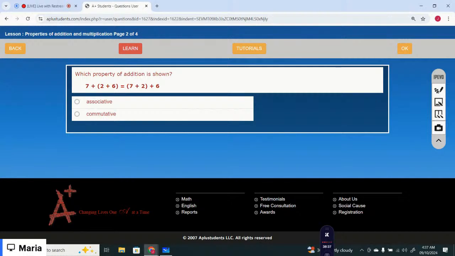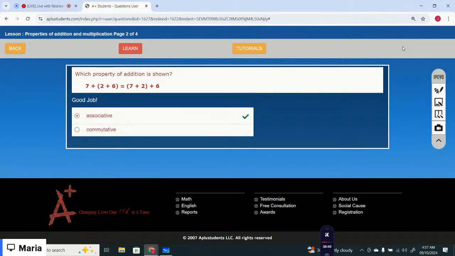The correct option is the associative property of addition, right? That's the one I just explained, but here you have the addition sign, so that is the associative property of addition.